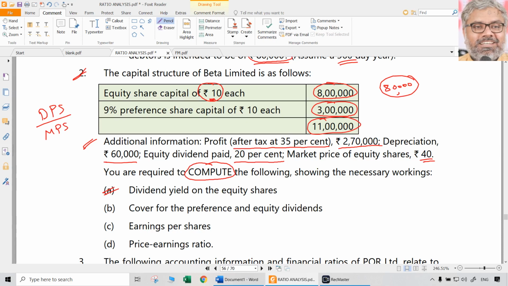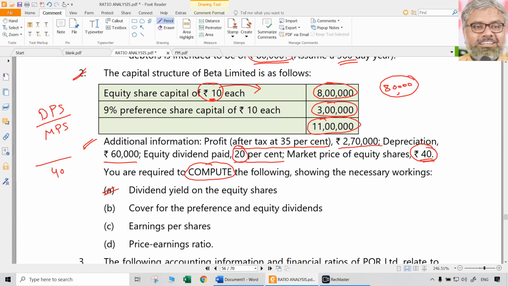Hence, dividend per share divided by market price per share. Like that you have to write. Market price per share we know. That is given in the question. How much? 40. Dividend per share is not directly given, but that can be found out. Because the face value of each equity share is 10 rupees and the equity dividend is 20%.